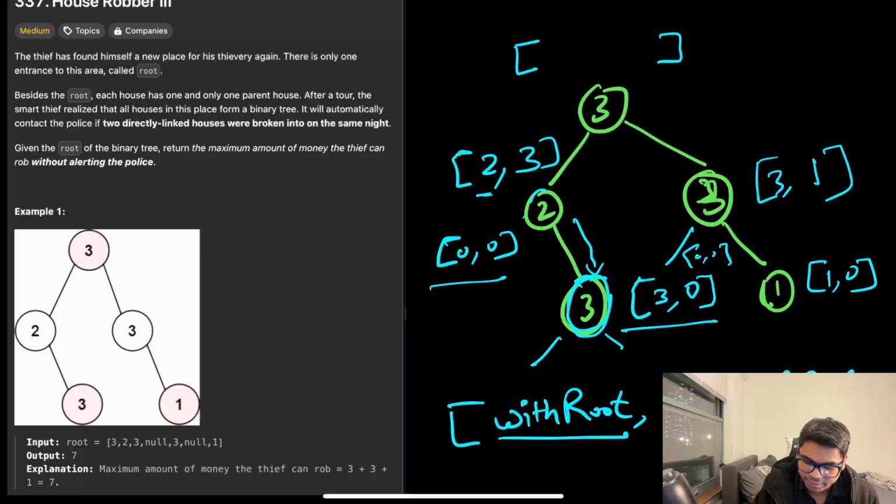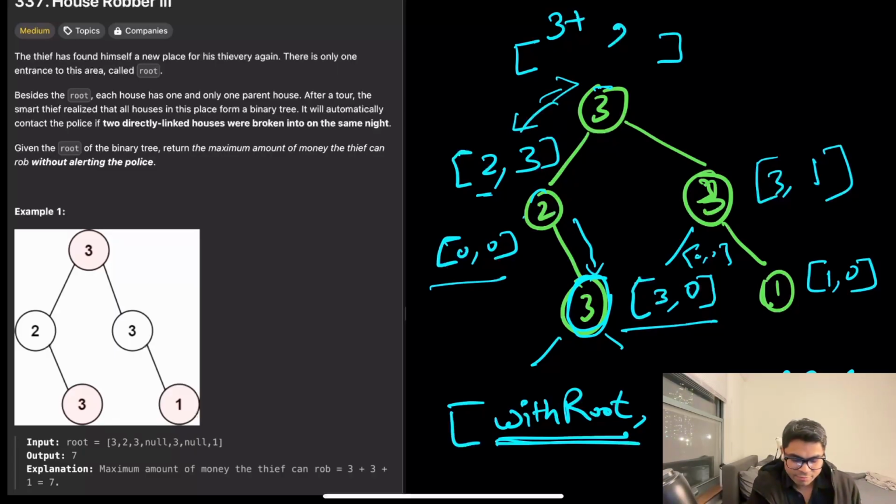And then finally when I reach 3, I have a choice of choosing 3, because this time it's the value with root, so that is 3. But at the same time, if I go down, because we had further nodes down here, since when I was not selecting 2, then also I had 3, and when I was not selecting 3, I had 1.